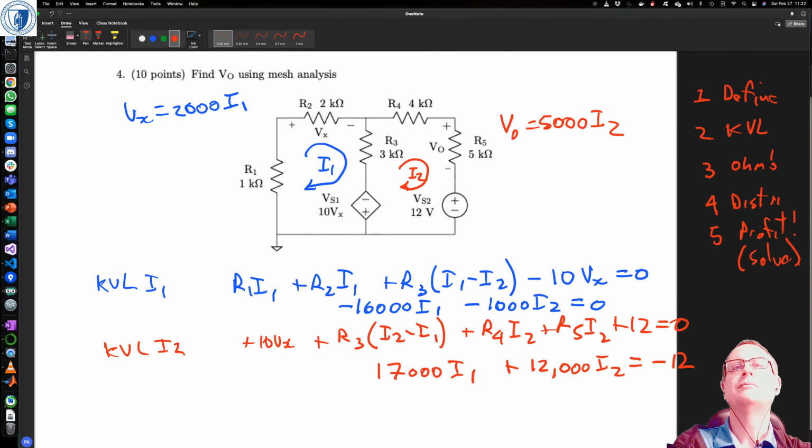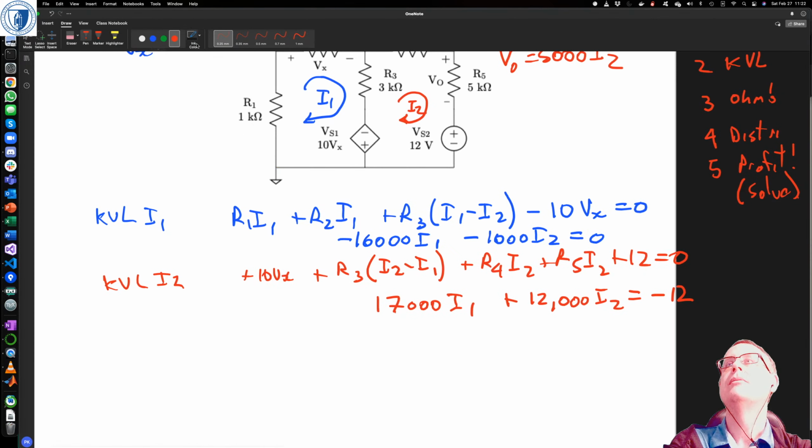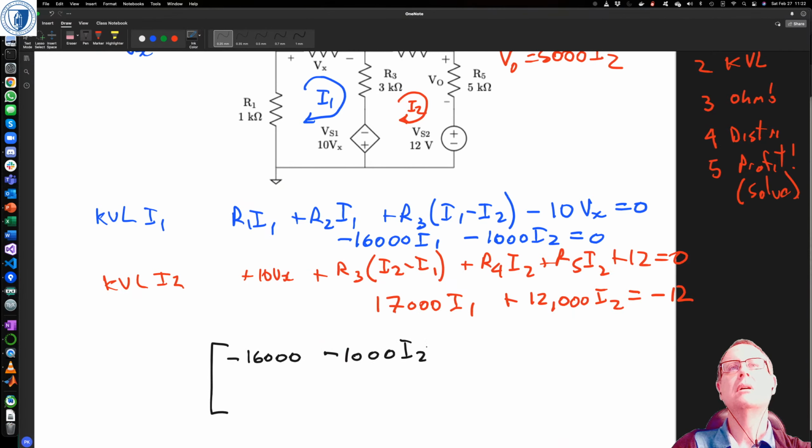Okay. And then I solved it algebraically. Oh yeah, you could do that too. I'll just write it out: 16,000 and minus 1,000, and 0, and then 17,000 and 12,000 and minus 12. And then what did you get for the answers?